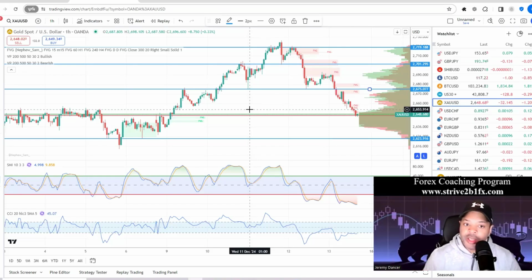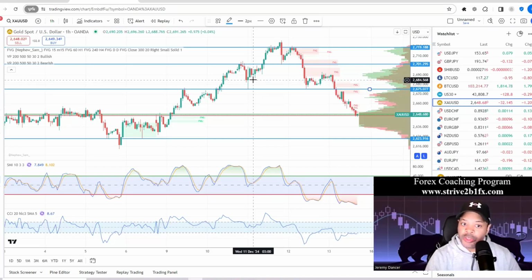But for right now, let's stick to the Bollinger Bands for those of you who are new. But for those of you who are ready to start reading candles, just know the bottom of the candle is demand, the top of the candle is supply, and it's also areas where the price is overbought and oversold.